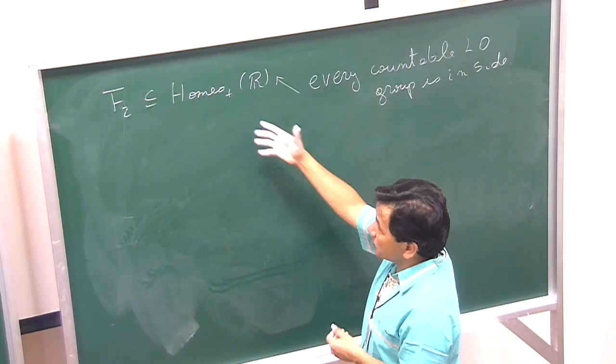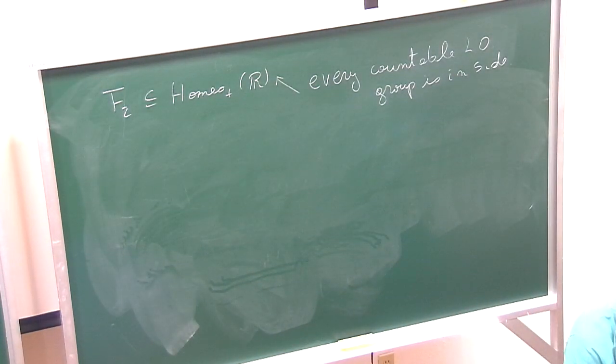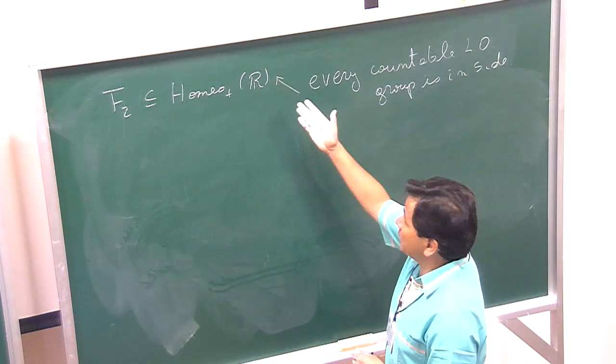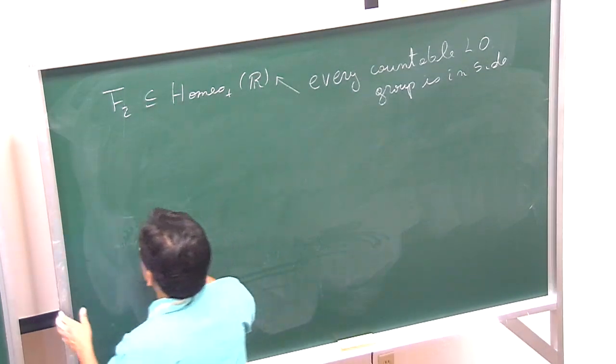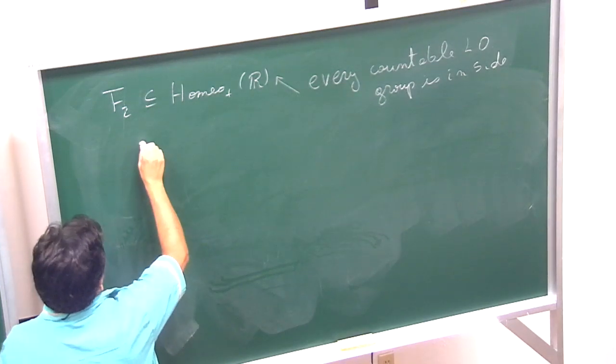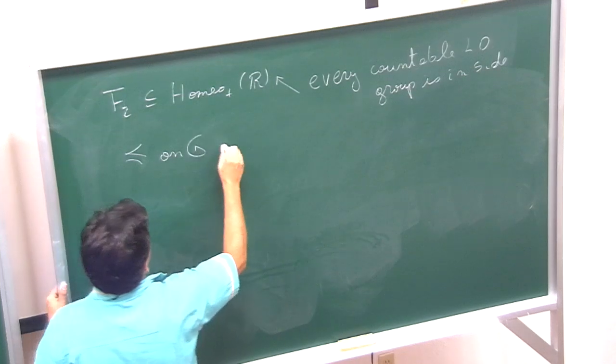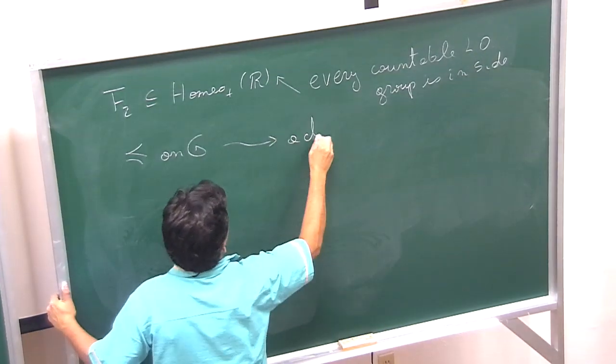So this is a good space to look at, and moreover, in this identification, what we did was twofold, because starting from a left order on G, we produced an action on the real line.